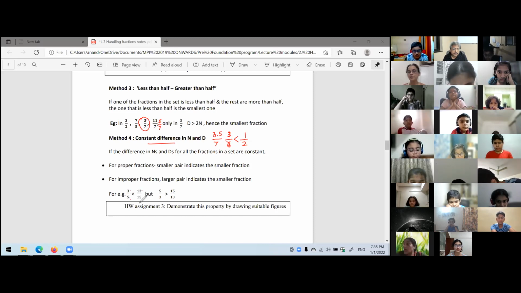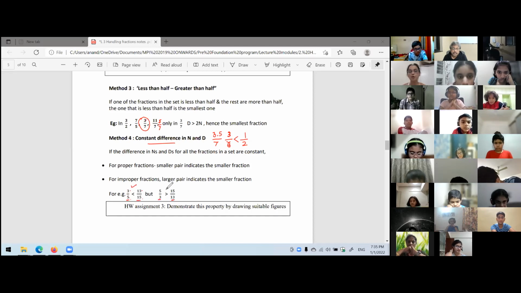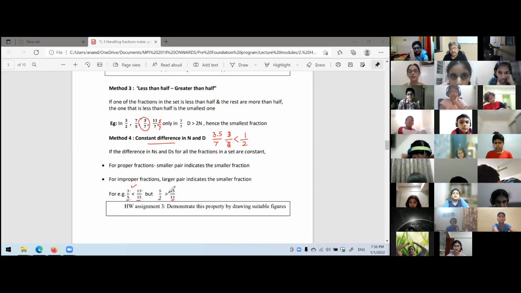When I'm comparing two fractions with equal difference in n and d, the smaller pair is the smaller fraction for proper fractions, and the smaller pair is the bigger fraction for improper fractions. Listen to me carefully. If the fractions are proper, smaller pair will indicate smaller fraction. If the fractions are improper, smaller pair will indicate big fraction.